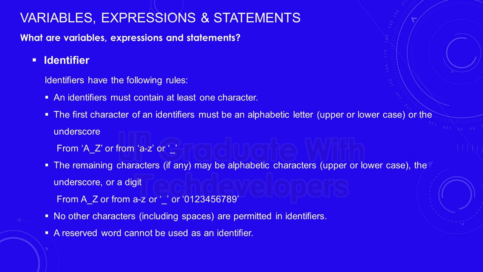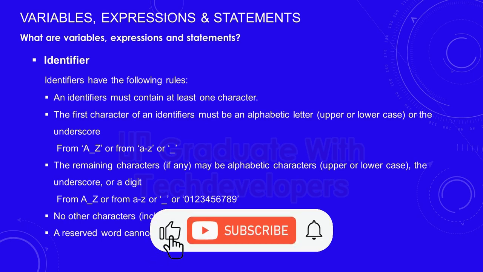The next rule is that no other characters are permitted in identifiers. This means placing spaces, backslash, forward slash, parentheses, square brackets, or curly brackets, whatever it may be, is not allowed in identifiers.